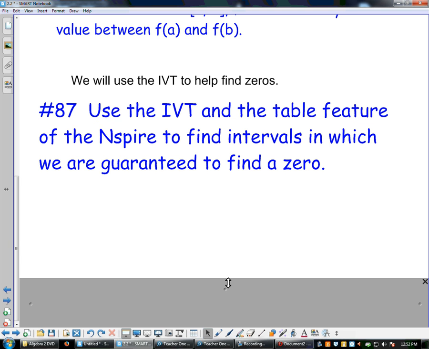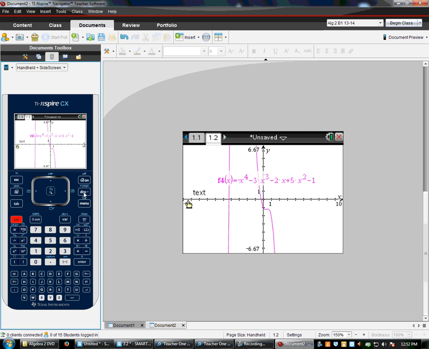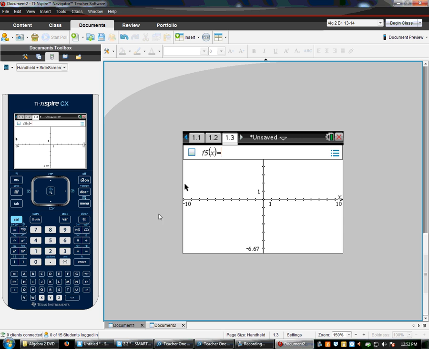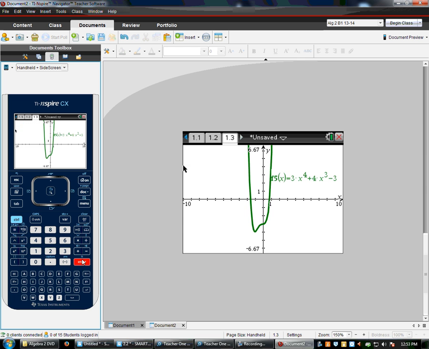So it's 3x to the 4th plus 4x cubed minus 3. Number 87 from this book. On your calculator, on a graphs page, I am typing in 3x to the 4th plus 4x to the 3rd minus 3. All right, this is number 87 from section 2.2.